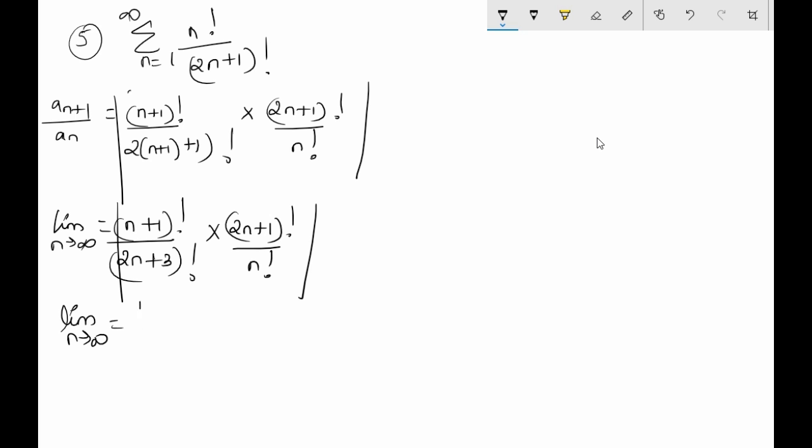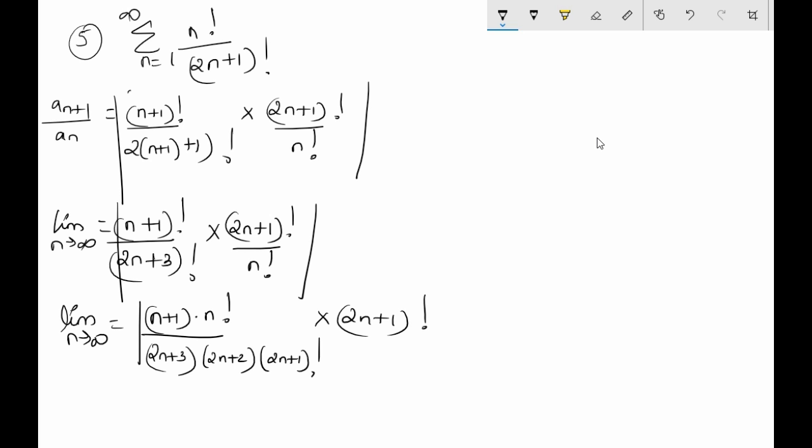So by using the factorial rule, we'll be getting (n+1) into n factorial. Here we'll be getting (2n+3) into (2n+2) into (2n+1) factorial, divided by n factorial. Here n factorial will get cancelled, and (2n+1) factorial and (2n+1) factorial will be cancelled.